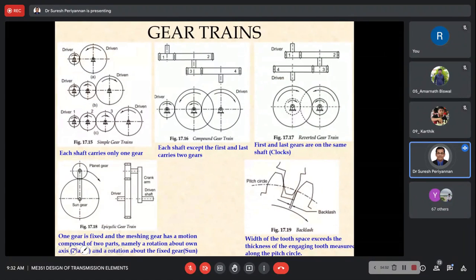Our gear trains we discussed. Now let me recap in 2 minutes. Each shaft carries only one gear: that is a simple gear train. Now this is the compound gear train.